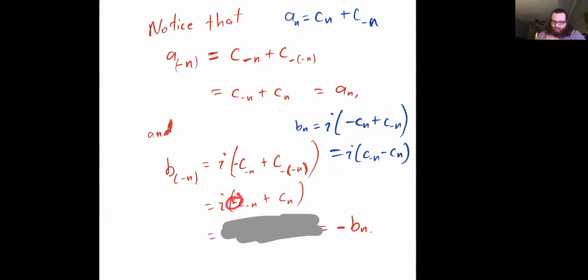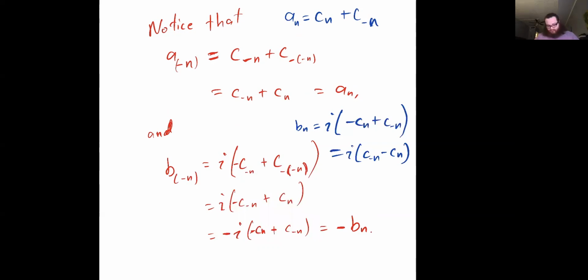So let's pull a minus sign out, to get minus i times that. But this whole thing right here is exactly that. And so we've shown that b sub minus n is equal to minus b sub n.